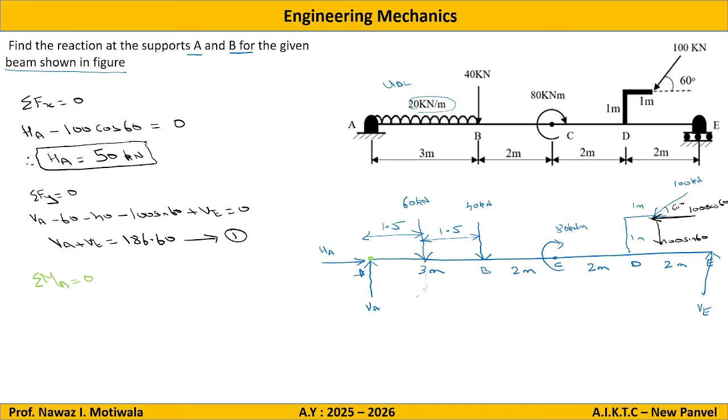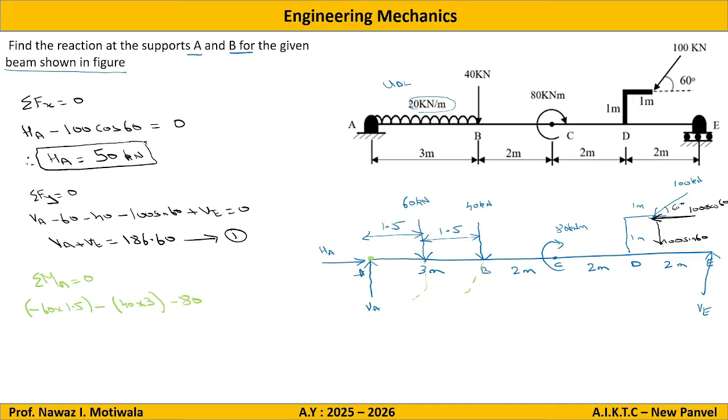This force is a clockwise force, so it will be minus 60 into distance, which is 1.5. Then this force is also clockwise, so minus 40 into distance from point A, which is 3. Then there is a clockwise couple, so minus 80.